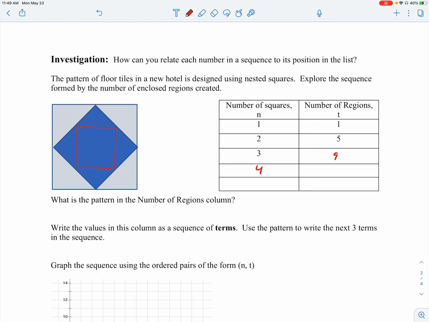Now when we do 4 squares, we'll have the previous amount, but because we're drawing the square in here, you can see we're creating 4 new enclosed regions. So we would have a total of 1, 2, 3, 4, 5, 6, 7, 8, 9, 10, 11, 12, 13.